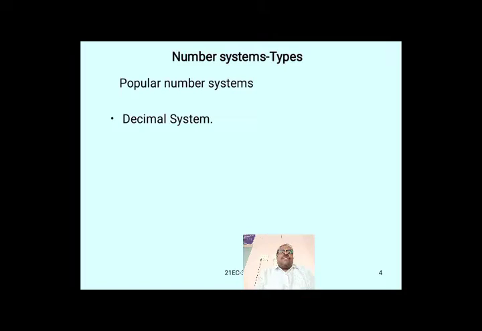Now different types of number system. We already know different types of number systems are there in our day to day life, but in digital electronics we have some more number systems.